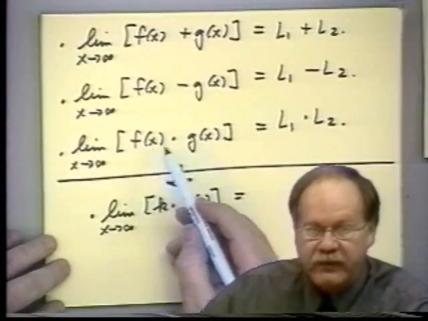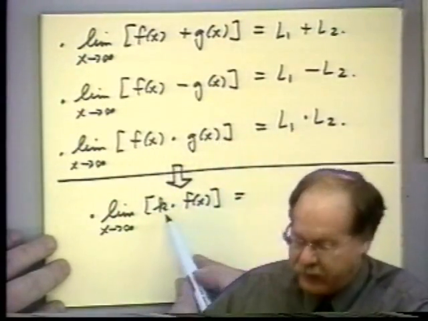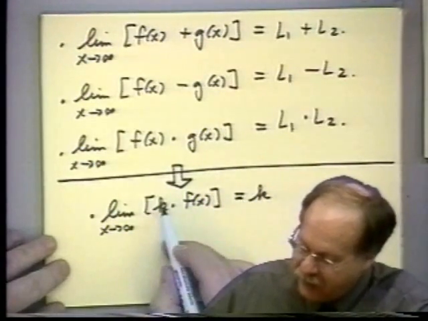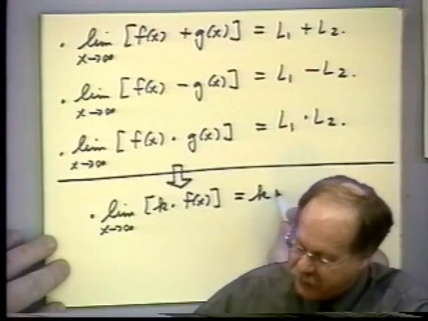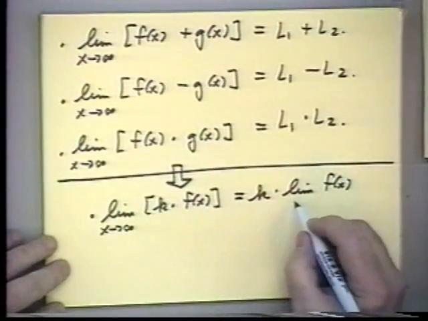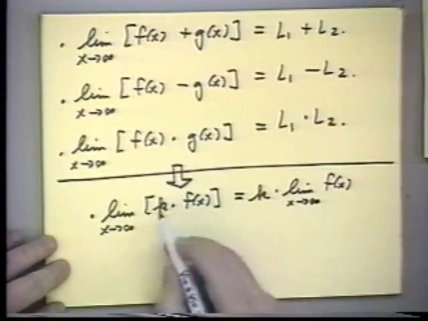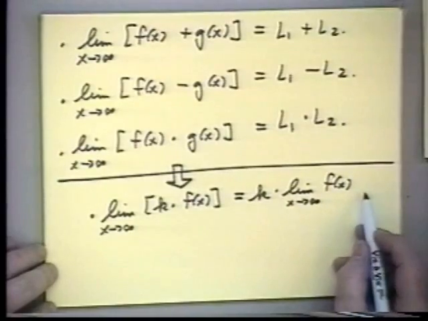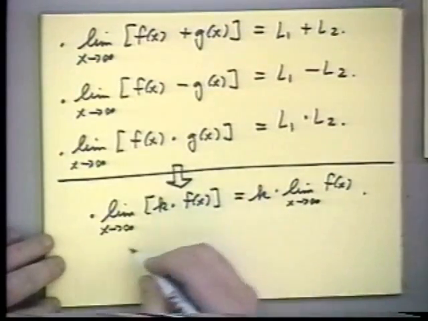Then because this breaks up into the limit of the first times the limit of the second, and the limit of k is just k, this amounts to the fact that a constant simply comes in front of the limit. You can pull it out front. As long as it is multiplied times the other function, you can simply push it out front like this, and that saves you a lot of work later. You use this a lot.